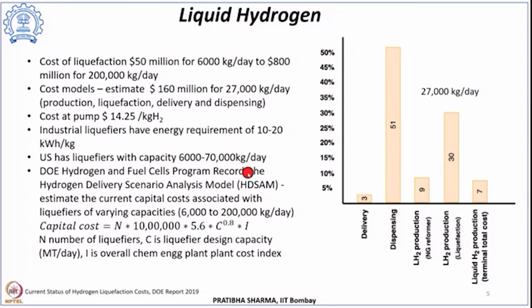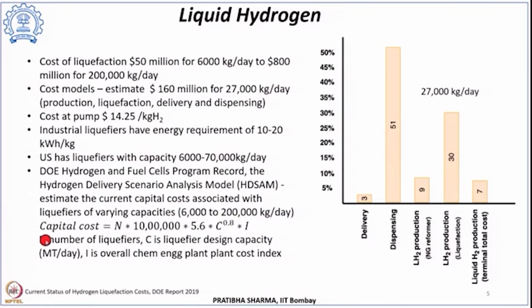Several studies have been carried out under DOE programs, like the DOE hydrogen and fuel cells program, where they have used several models to find the cost associated with liquefiers of different capacity, ranging from 6,000 to 2 lakh kg per day of liquefaction capacity.